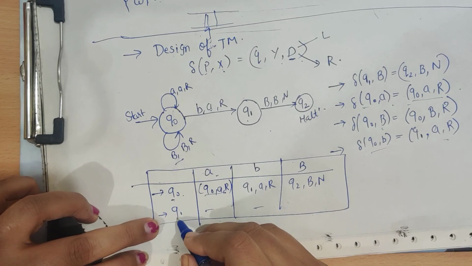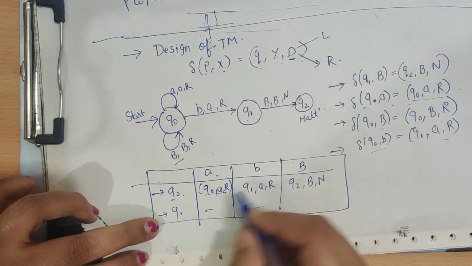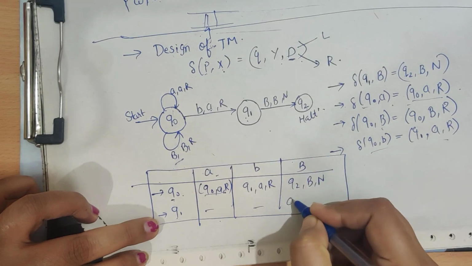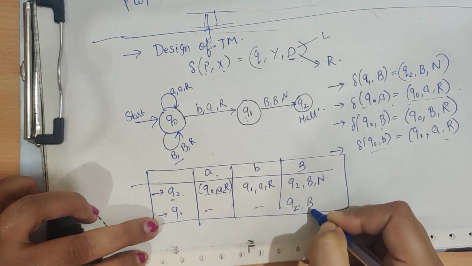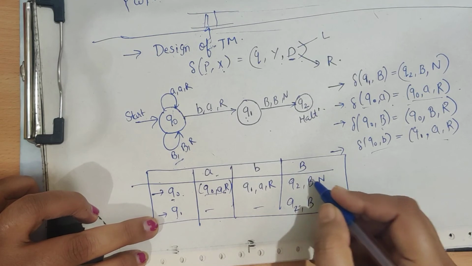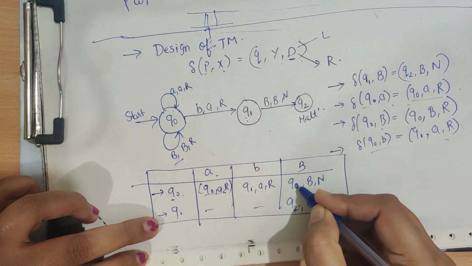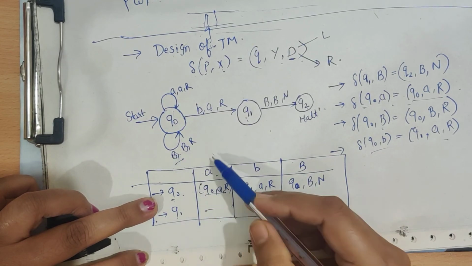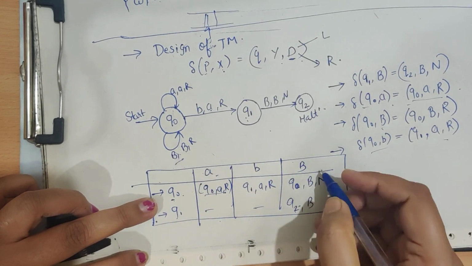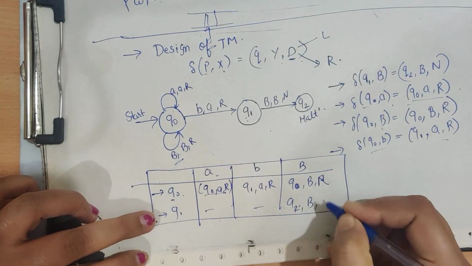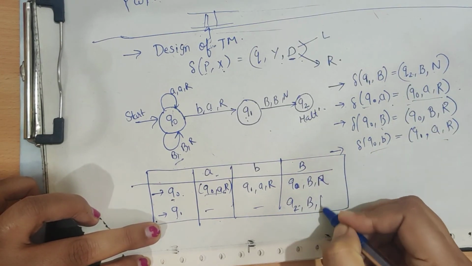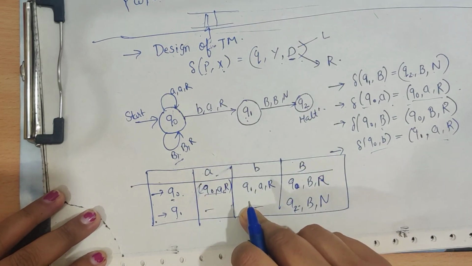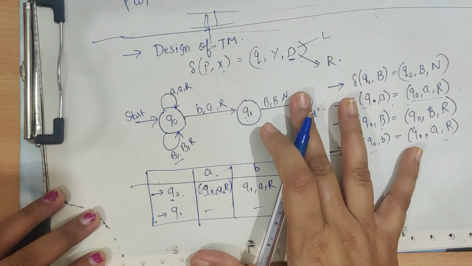Then q1 on blank, it has gone to q2. q0 on blank, it had gone to q0 blank and we had moved towards the right. Here q0 blank neutral. Okay, this is our design of the Turing machine.